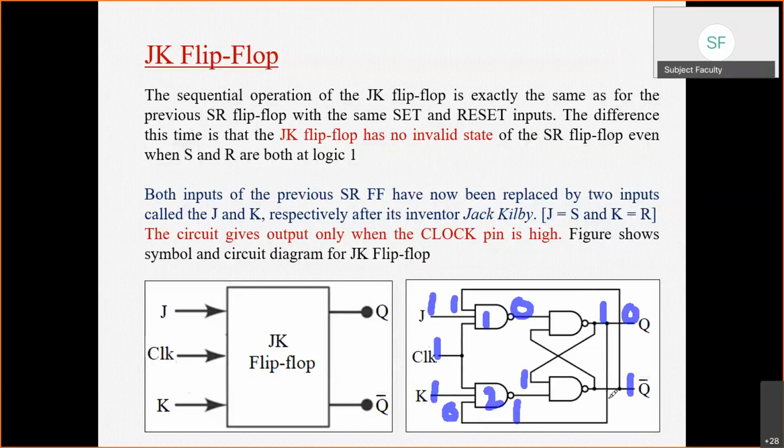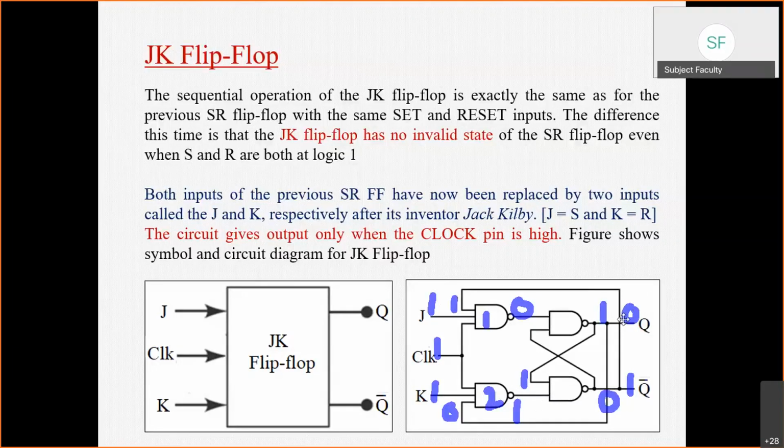So what will be the output? It will be 0. Just observe, initially our assumption was Q equals 0 and Q bar equals 1. But at the end of this working, the value of Q has changed to 1 and the value of Q bar has changed to 0.